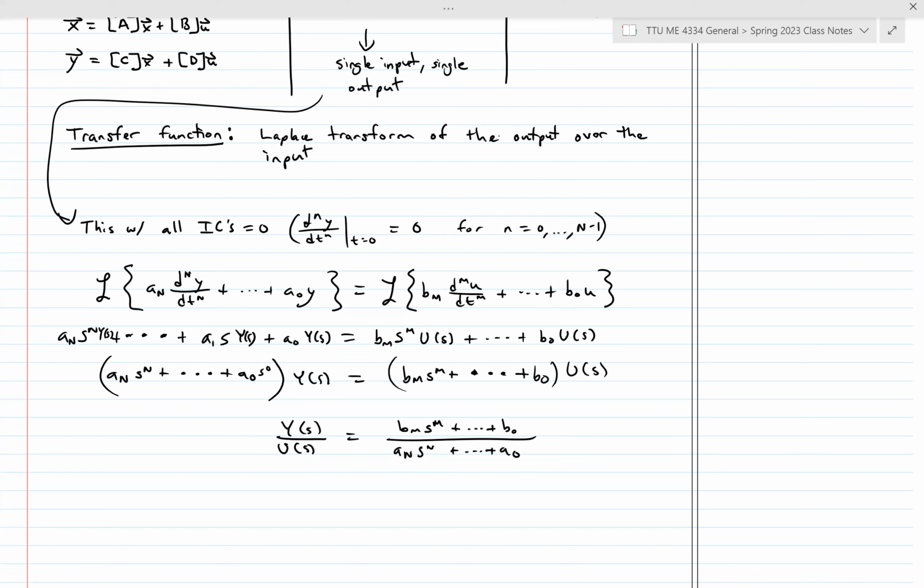Usually a transfer function is represented by, I don't know, a T of s, G of s, etc. Anything that's a function of s. A transfer function represents our dynamics for this system. Notice here that there is no s to the -1, s to the -2. There is no 1 over s showing up anywhere.